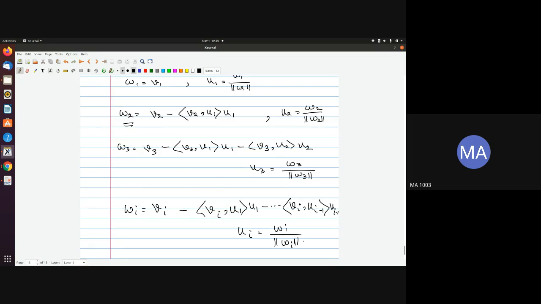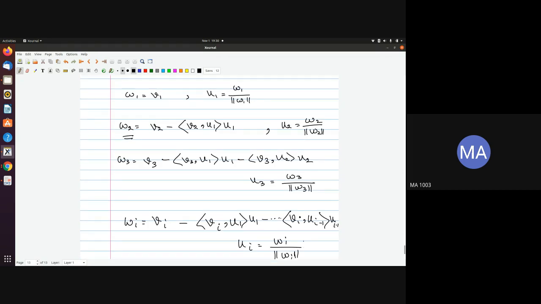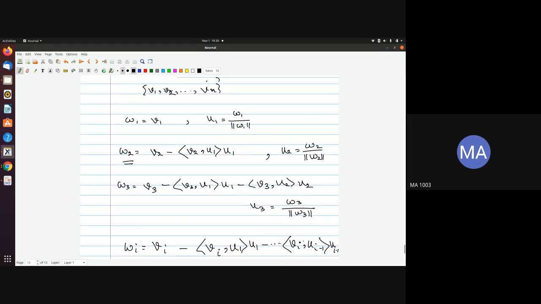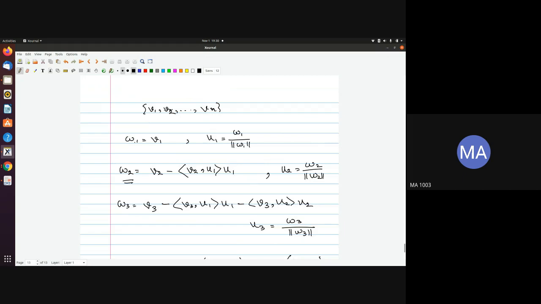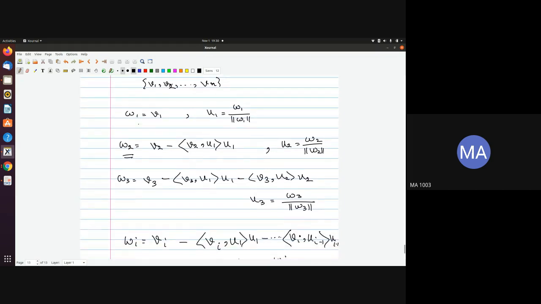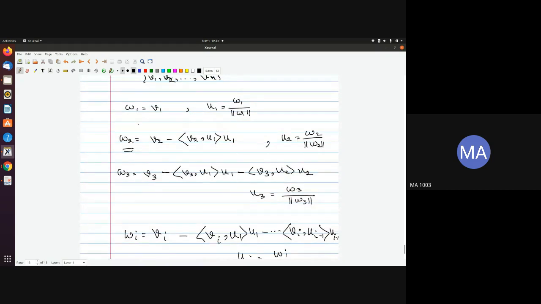So if you want to write a program for this, you have to define both Wi and Ui separately. Although V1 is the same as W1, we have to name it W1 if we write it in algorithmic language, otherwise it is the same. As you have seen, later we need W2, W3, and so on, so in the first step also I name it W1 and then divide it by its norm. Is it clear?